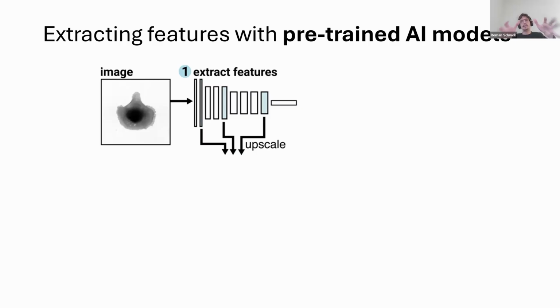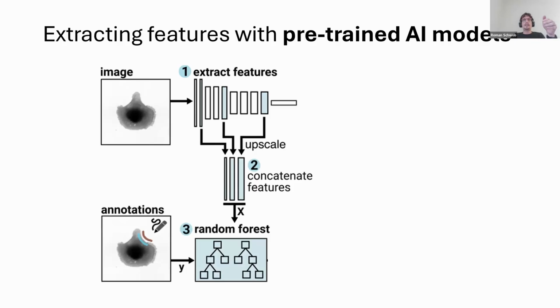So we are analyzing the image by extracting some features for each separate pixel at each position. And then we can concatenate multiple features, and we then use the annotations together with those features.